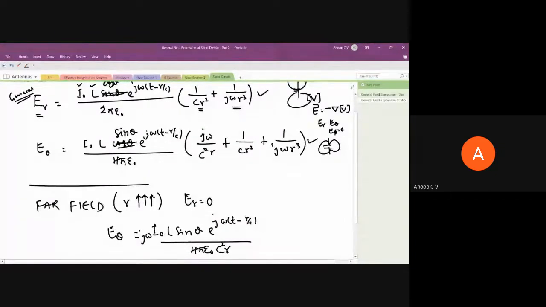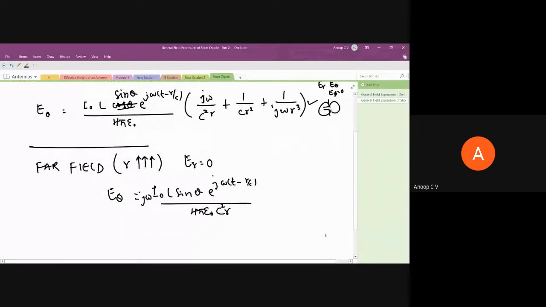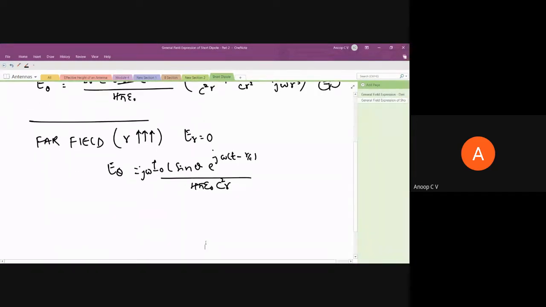So it's actually a phasor. The argument of e power j, whatever comes with that, corresponds to phase. And of course the multiplication with j also means a 90-degree phase shift. So I have written the magnitude of E_theta.